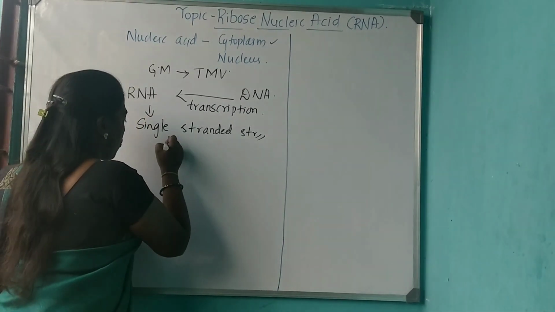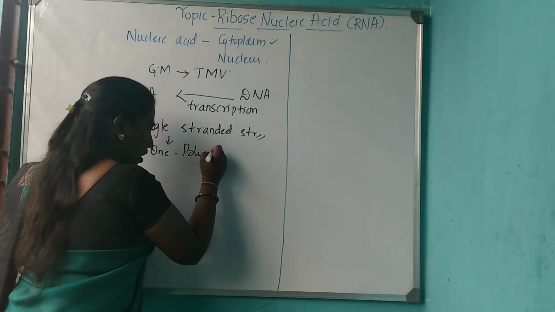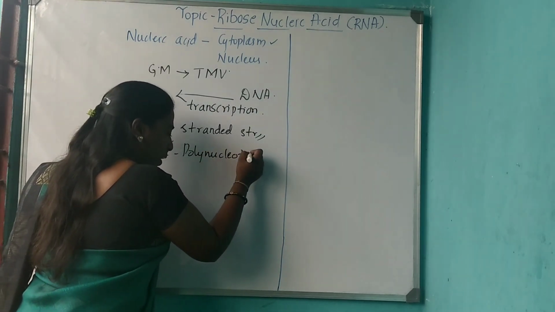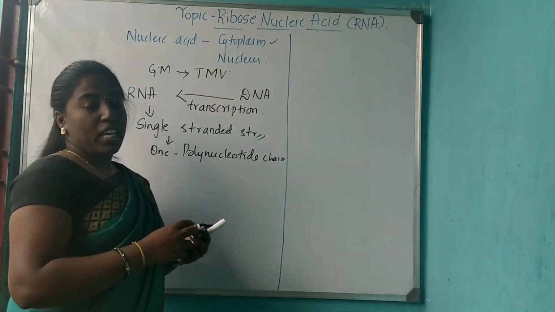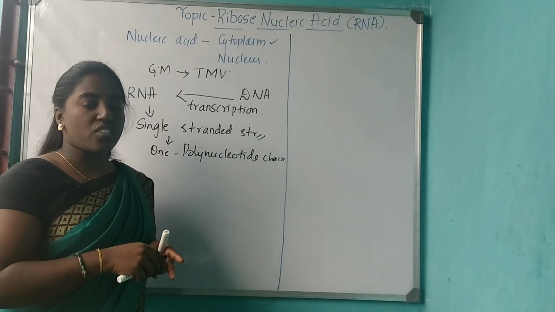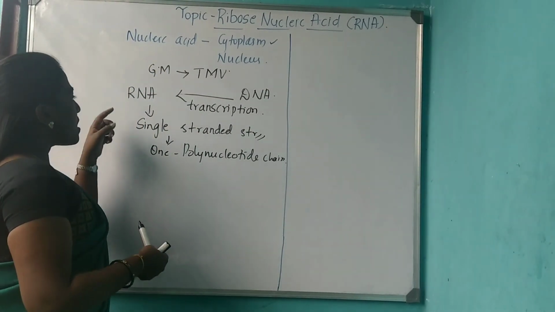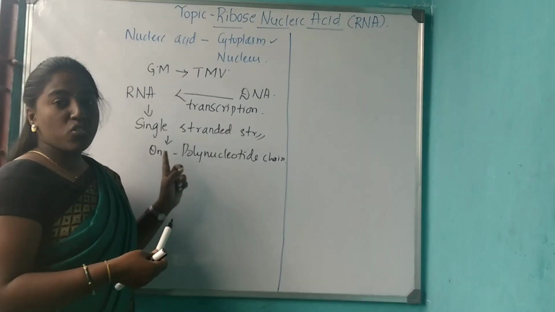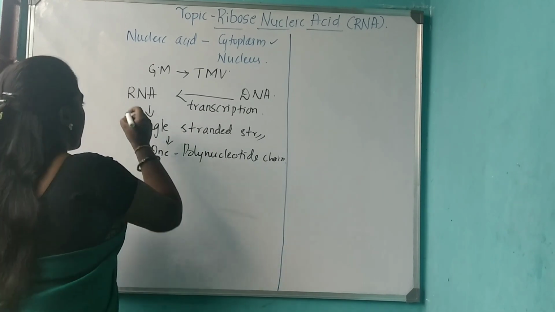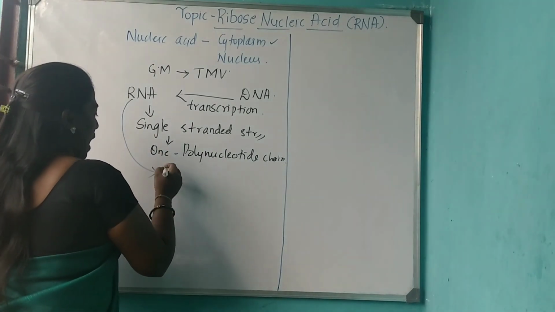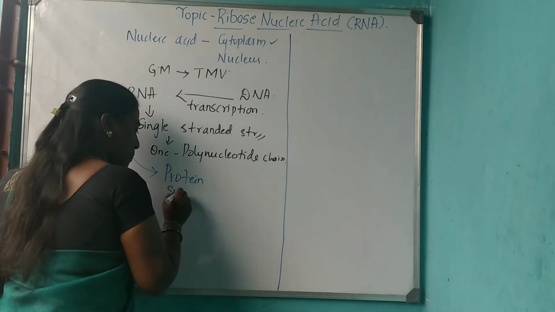In most viruses, RNA acts as a genetic material, whereas in eukaryotes, RNA helps in protein synthesis.